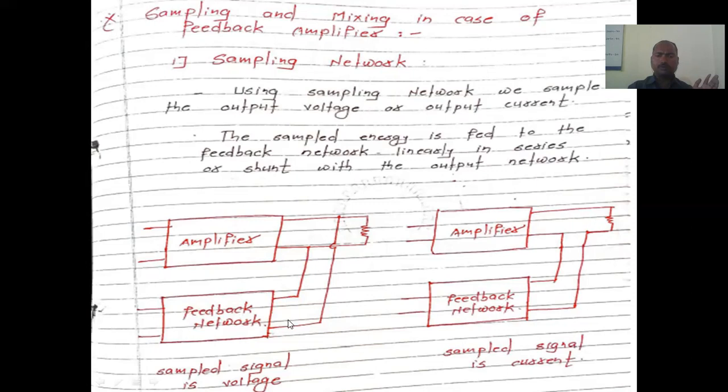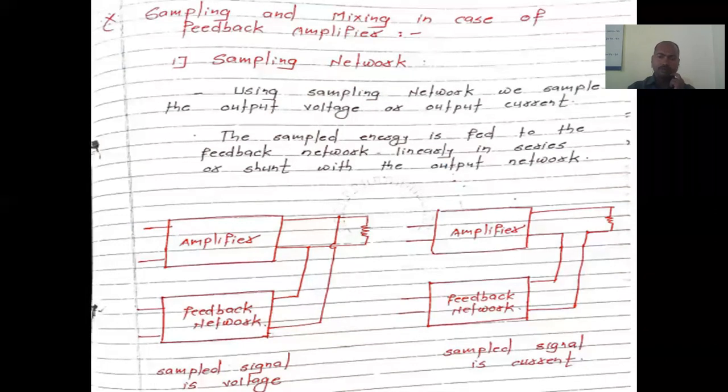There are two types of sampling and mixing with respect to this type of configuration. Using a sampling network, we sample the output voltage or output current. There are two things with respect to sampling. So which thing do you have to sample? We have seen the different types of configuration: voltage series, voltage shunt, current series, current shunt.